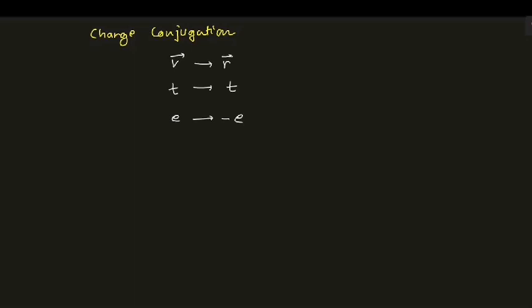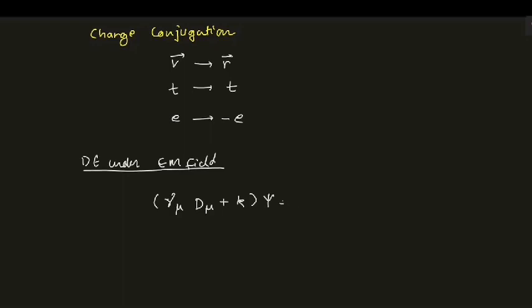So if you want to see its operation, you need to take the Dirac equation under the electromagnetic field. The Dirac equation under the EM field is gamma mu D mu plus kappa into psi equals 0.